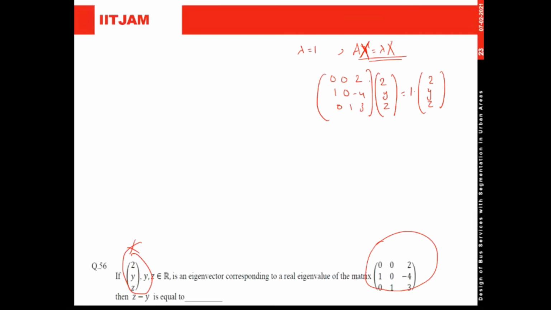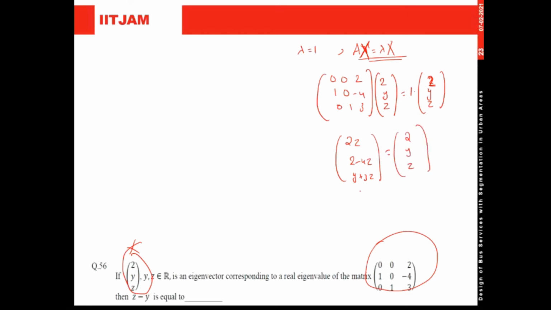So from here you will get 2z, x minus 4z, and y plus 3z equal to x, y, z, right?